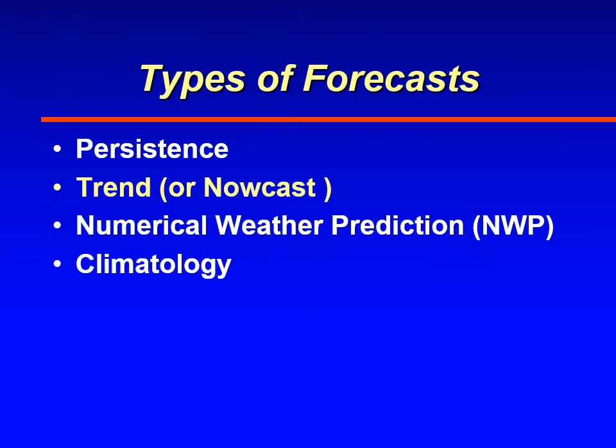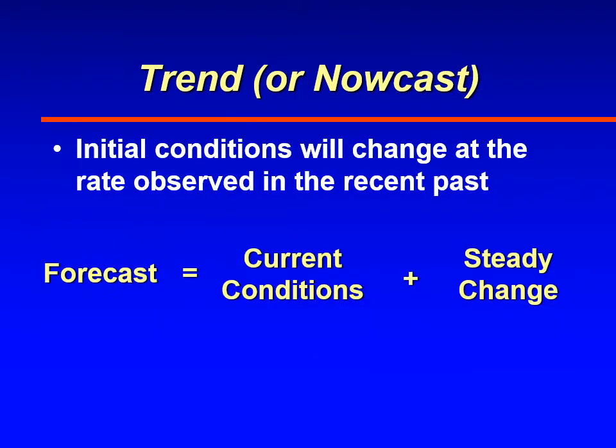Another type of forecast is the trend or the nowcast. The trend or nowcast says that the conditions that you have now will change, and they'll change based on the observed changes that we've seen in the recent past. So in other words, take our current conditions and add those steady changes, and that gives us a forecast into the future.